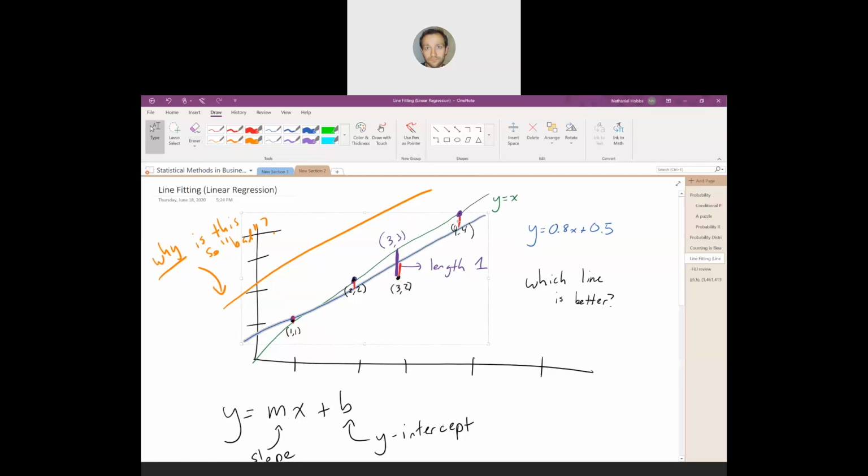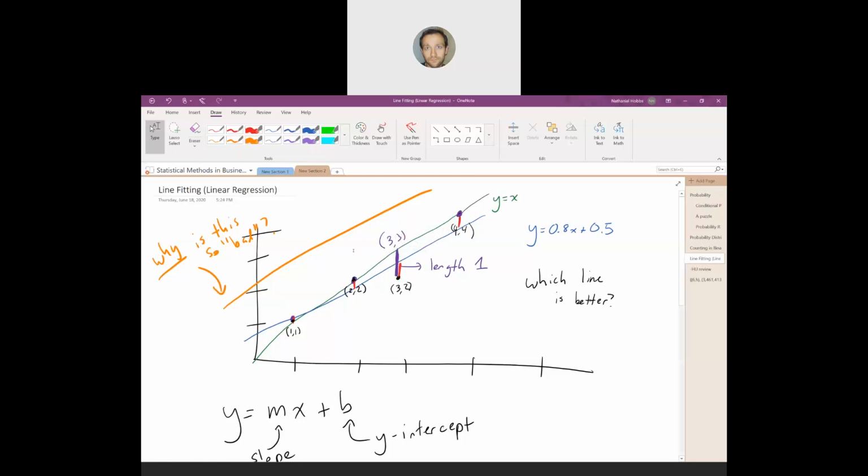And whatever the distance is between point 4, point 3, point 2, and point 1, if these red lines are smaller than 1, because that's the distance between this green line and its penalty, its error, then the blue line is better.